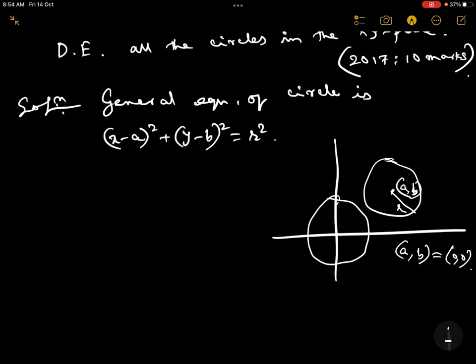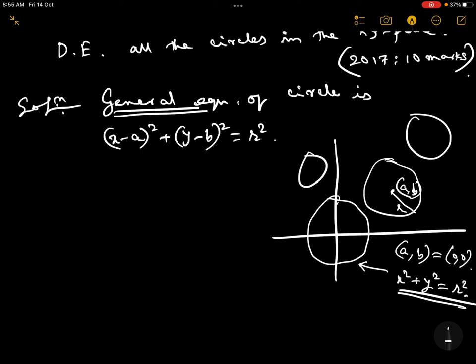I mean, if this is 0, then this equation would be x square plus y square equal to r square. But we're not talking only about the origin. It can be anywhere, so the word general. So this circle can be here also, here also. That's why the circle being at the origin is just a special case. In that case, this is the equation of the circle.